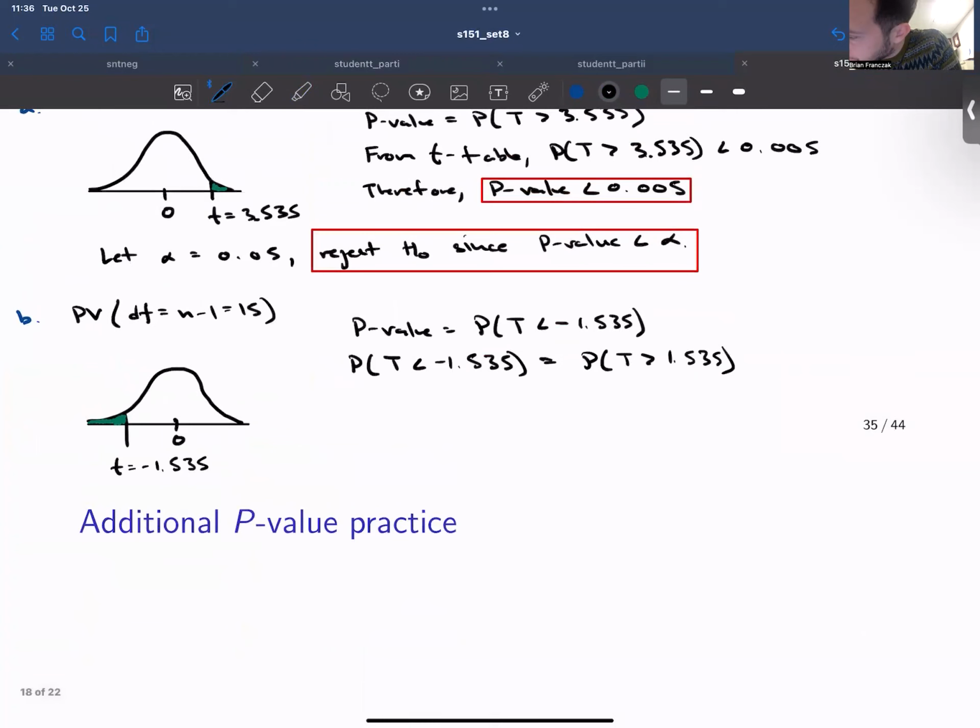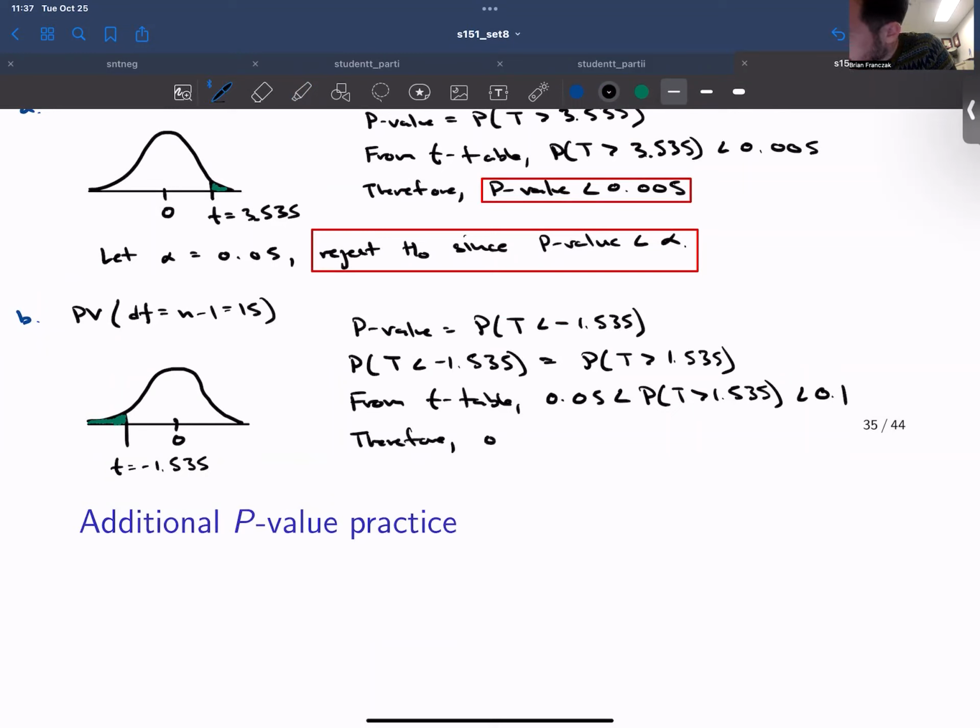So from the t-table, 0.05 is less than the probability that t is greater than 1.535, which is less than 0.1. Therefore 0.05 is less than the p-value, which is less than 0.1.